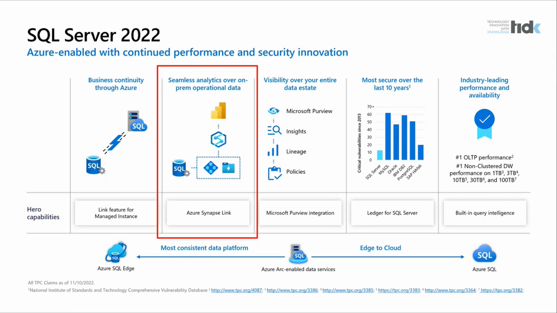We will operate on the part of features called seamless analytics over on-prem operational data, and I will show you how to join your on-prem solution, if you're hosting your database in SQL Server 2022, with Azure Synapse Analytics, and how to perform really well performing analytics on this at-scale solution, so to say.